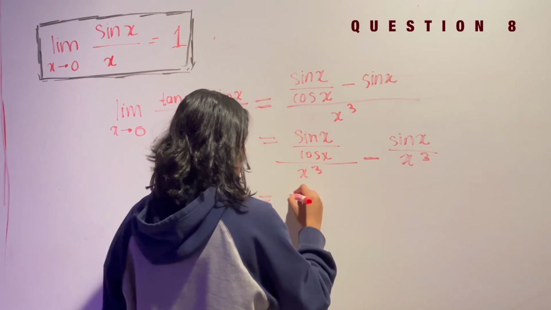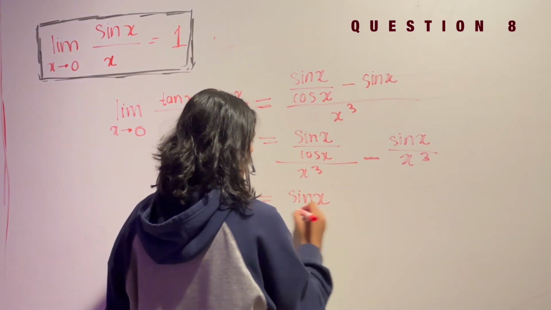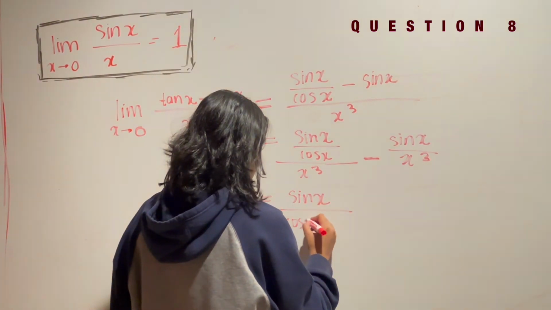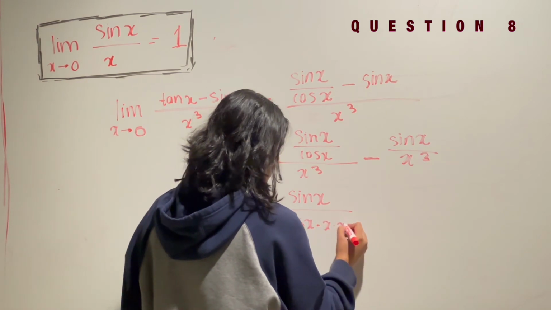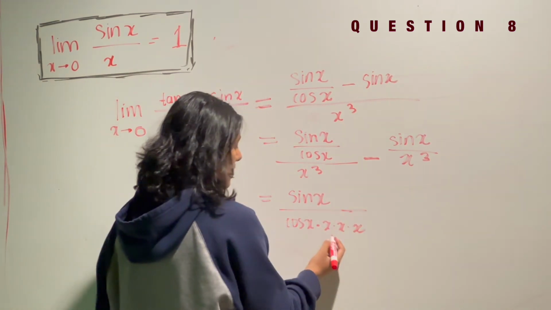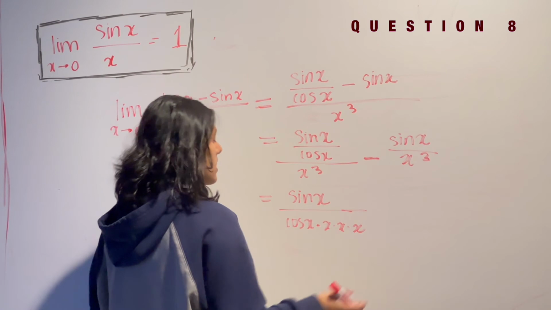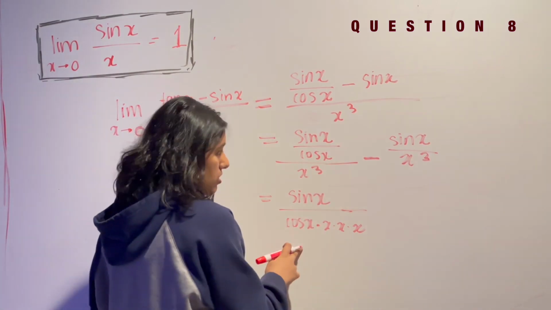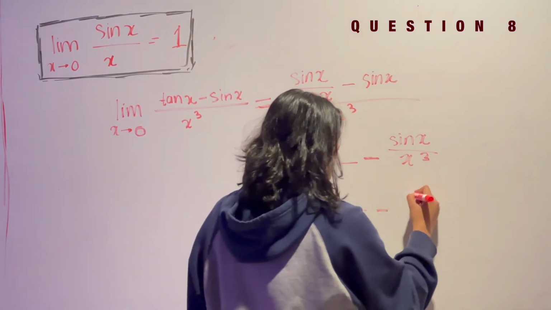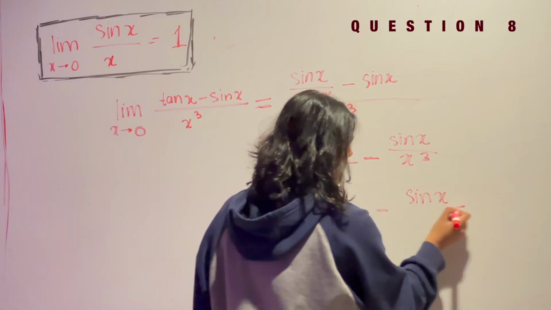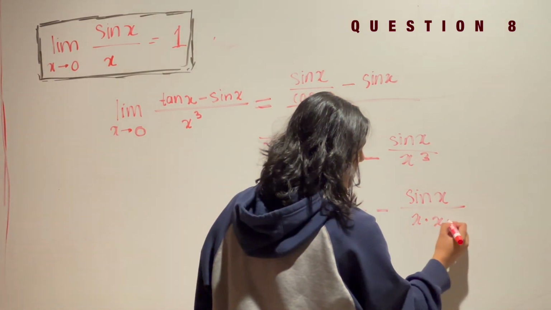Next, this is saying sin x over cos x times x times x times x. X cubed, I just wrote it as x times x times x, 3 times. And cos x just goes down below.